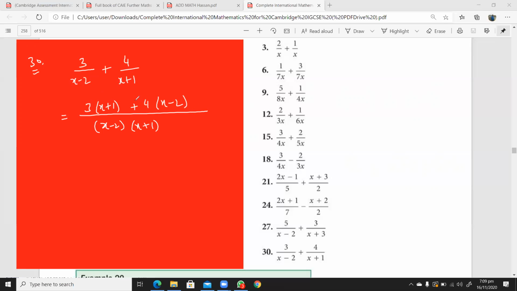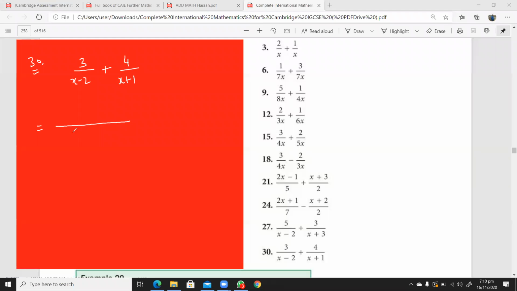Is there anything that I need to explain to you, how did we write this? Or is it clear? There is a step in between, which I could show you. You're clear that the LCM is going to be x minus 2 into x plus 1.